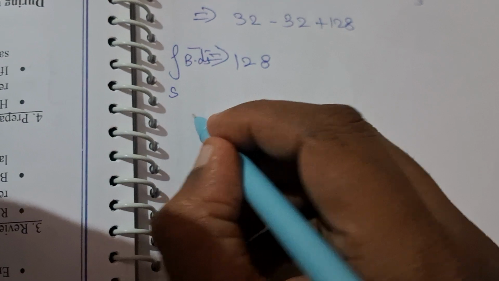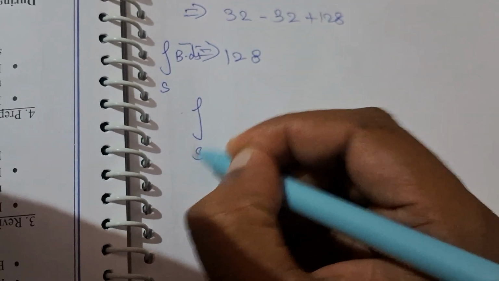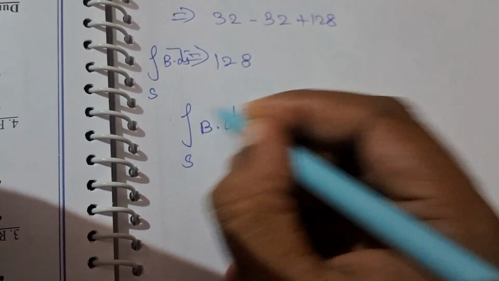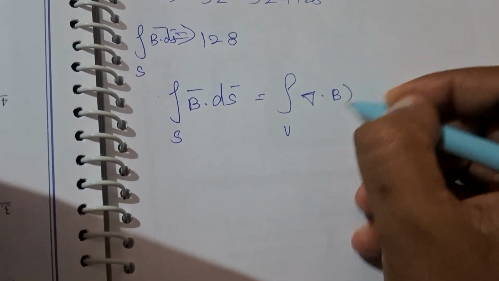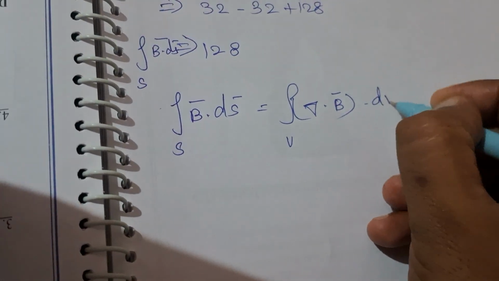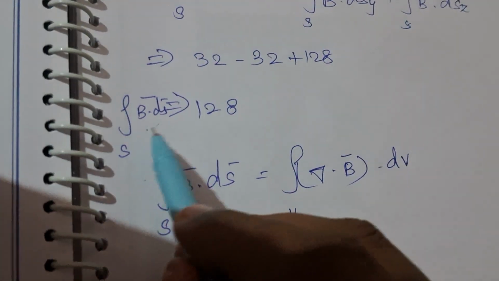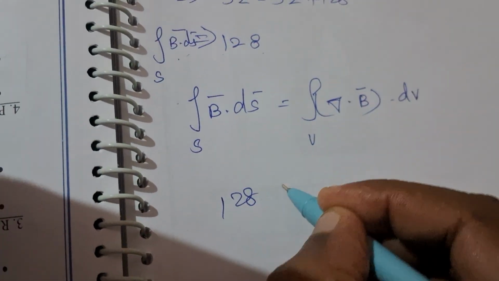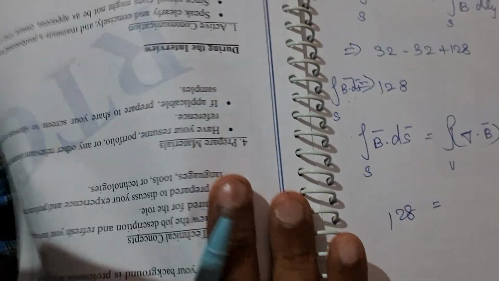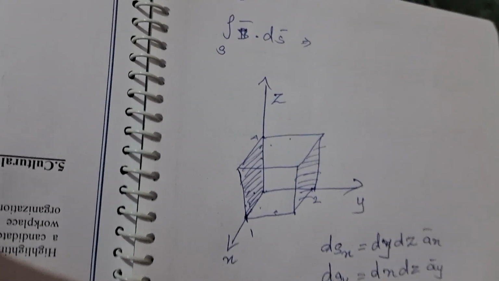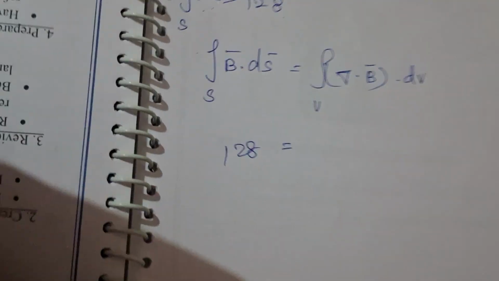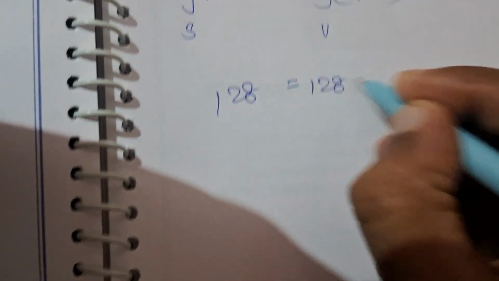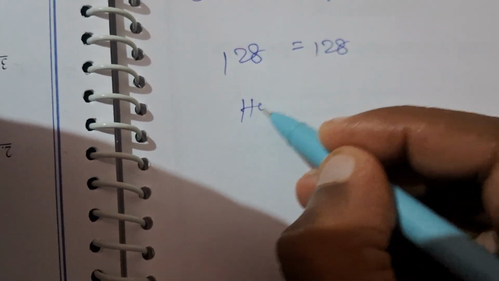So what is our divergence theorem? The surface integral of B dot dS is equal to the volume integral of del dot B into dV. So what is the B dot dS value? 128 is equal to, what is the del dot B dV value? 128. So both are equal.